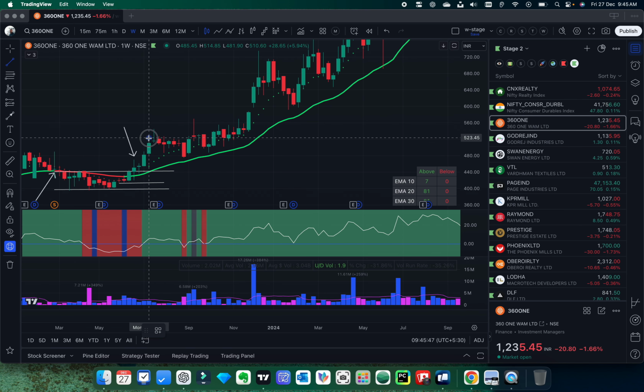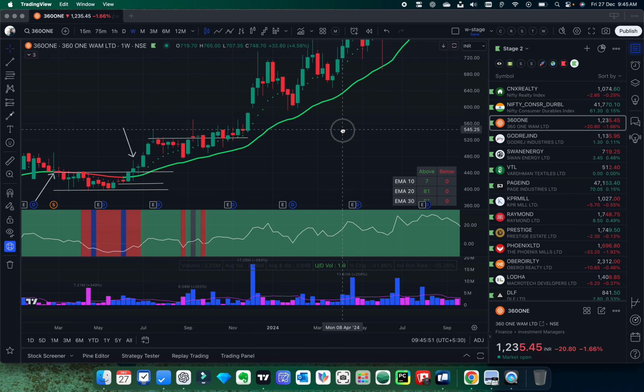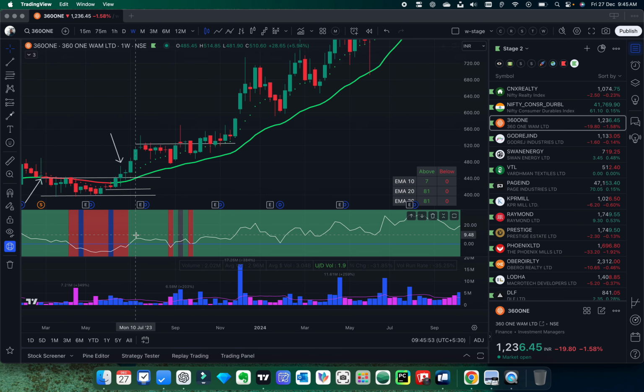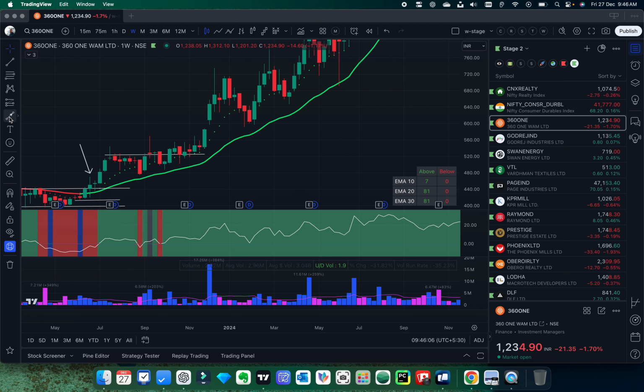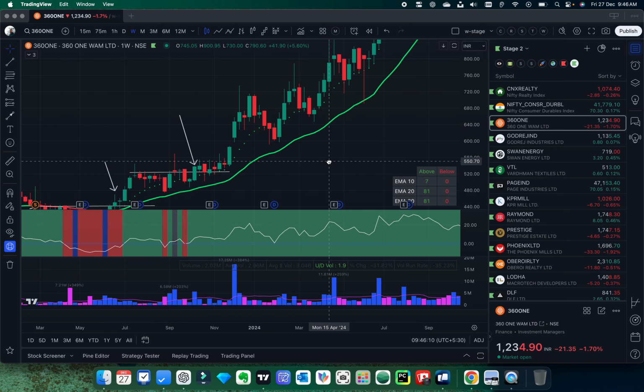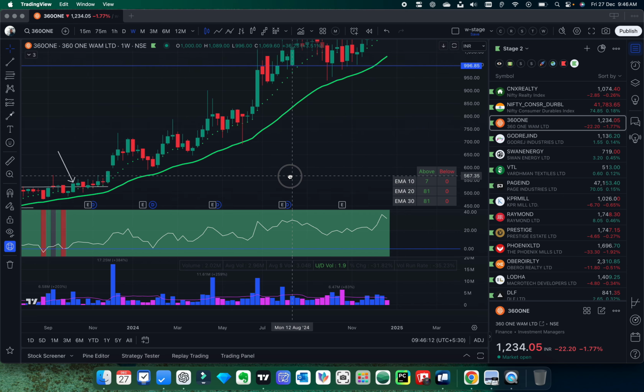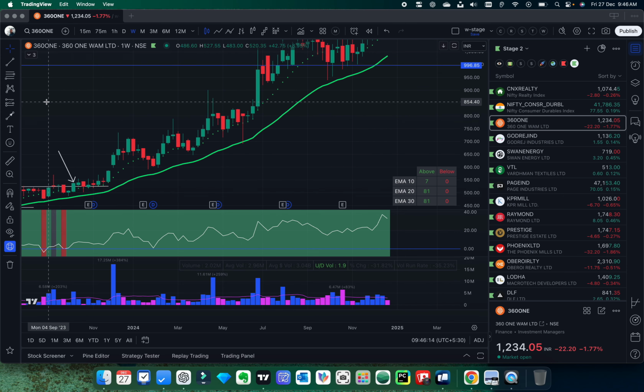Then we observe there is a kind of resistance over here, and stage 2 is continuing. It started outperforming, and there is a pullback here. Remember, the candle is not closing below. Then on this candle we get a breakout, and then it continues.